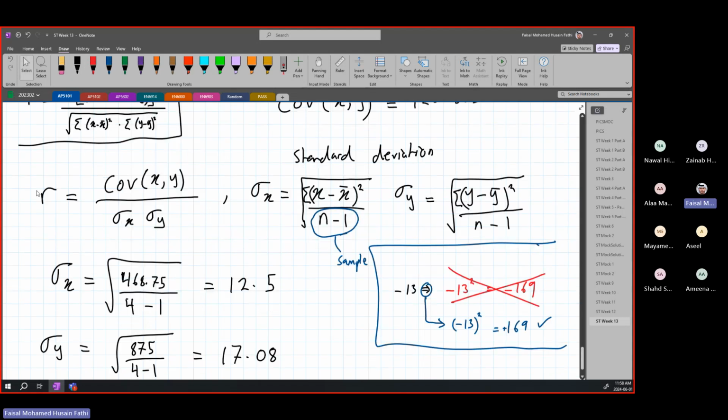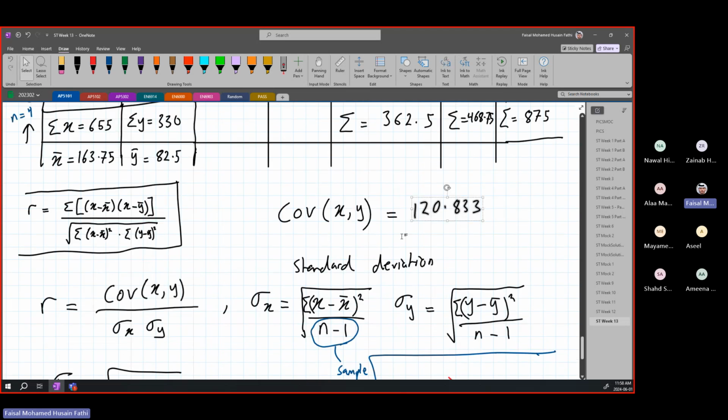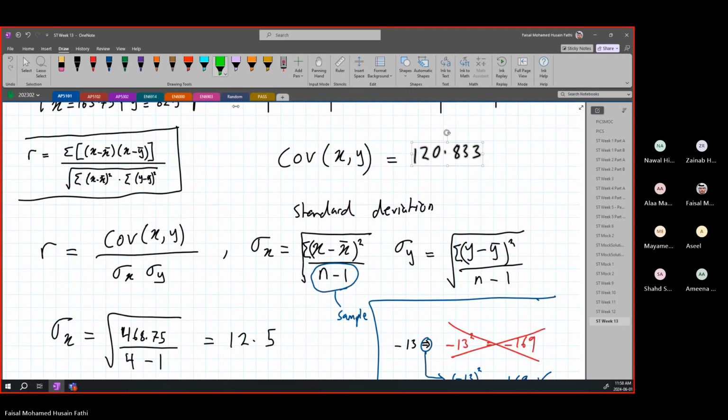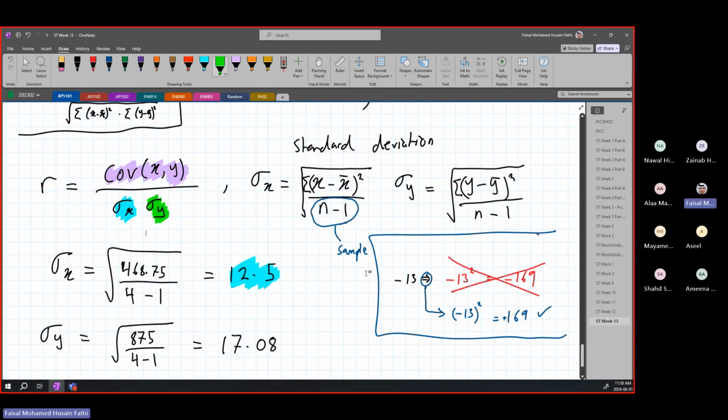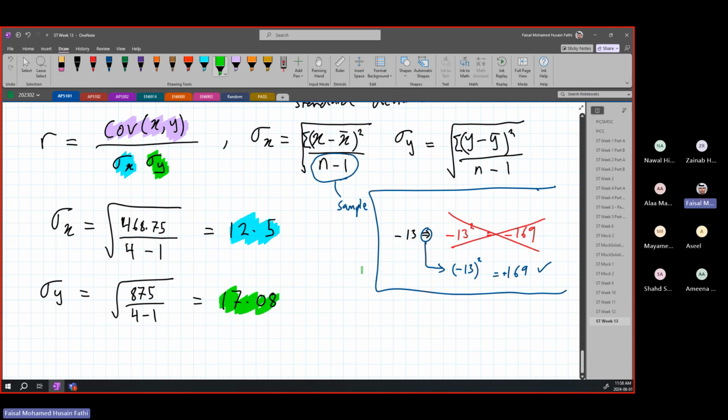And now we can simply find our correlation coefficient. Now we have our covariance that we found from earlier. Okay, so we have our covariance. This is going to go in the numerator. We have found our sigma x, and we have found our sigma y, which is this value.